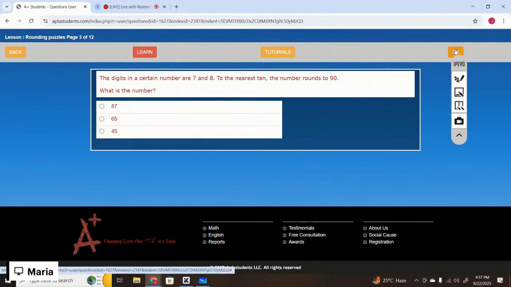The digits in a certain number are 7 and 8. To the nearest 10, the number rounds to 90. So which number rounds to 90? You can make two numbers with 7 and 8, right? They are 78 and 87. So which number rounds to 90?